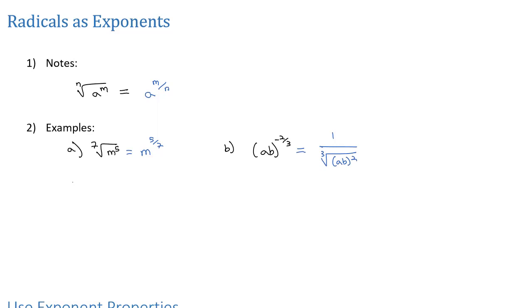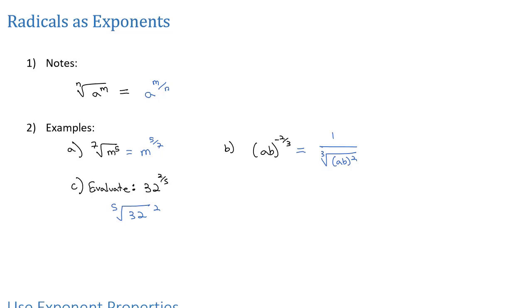With that in mind, then, we can take it to the next step to help us evaluate rational exponents. For example, if I want to know what 32 to the 2/5 power is, I could rewrite that with an index of 5 on 32 squared.